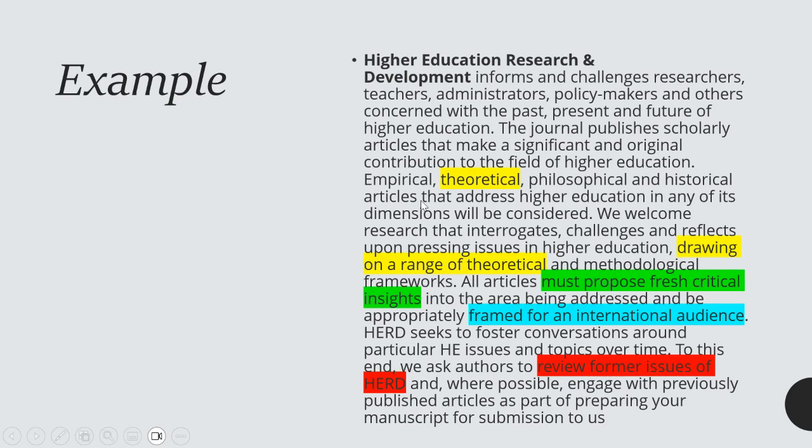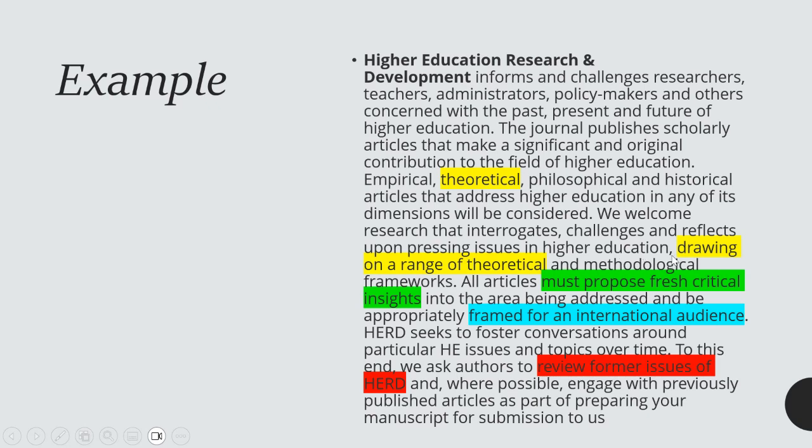Now, very important, they tell you what type of articles they look at. They'll look at empirical articles where you've done research, but have a look here. They say that they also publish theoretical articles. So if you have a conceptual article or a systematic or integrative review, you can find a home here. They also publish philosophical and historical articles that address higher education, and research that interrogates challenges and reflects on pressing issues in higher education.